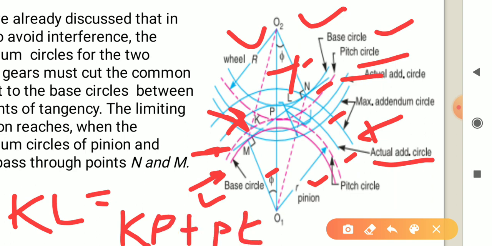KP is the path of approach, and PL is the path of recess. This is KL.